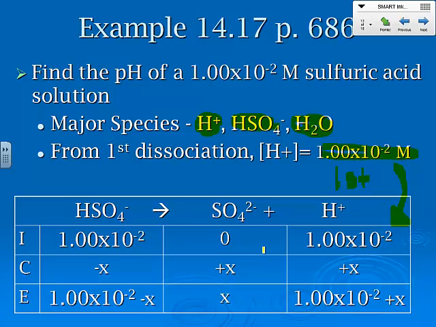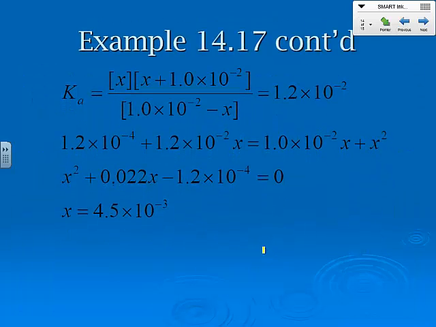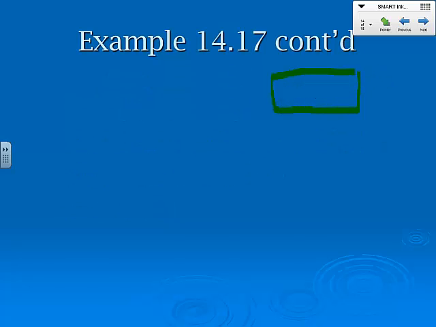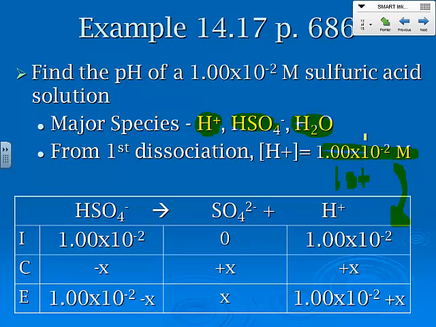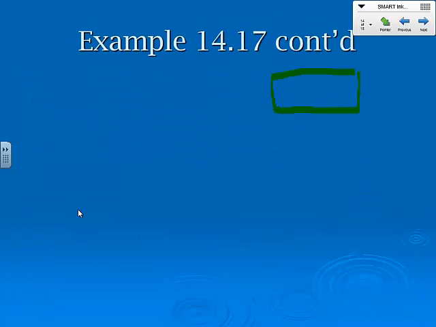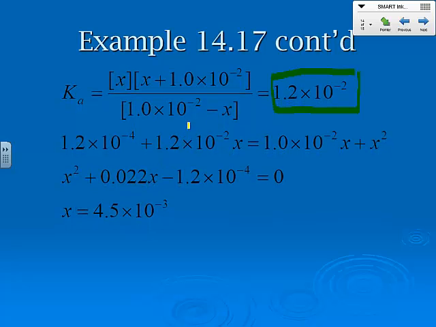So now we got to solve. How do I know that I can't solve for it? Let me tell you. The reason I know I can't is that Ka is pretty small. Ka is 1.2 times 10 to the negative second, and it wasn't given to you in the problem, but you can find it in the textbook. So that Ka value of hydrogen sulfate is going to be 1.2 times 10 to the negative second.